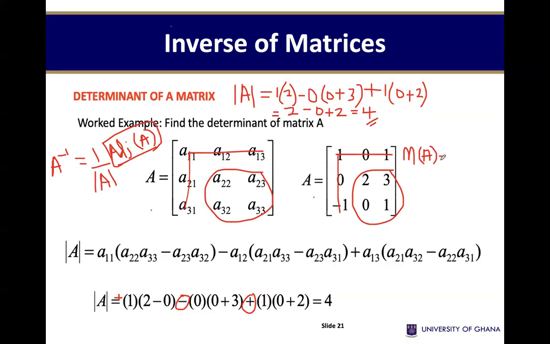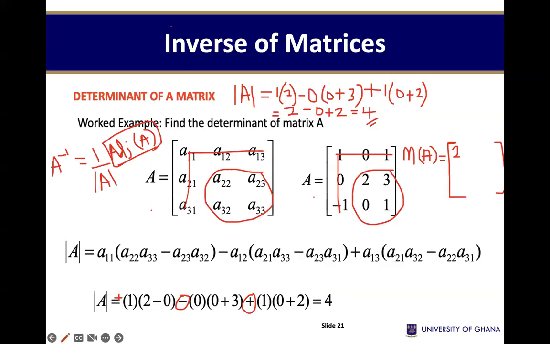And this guy should be equal to this. What's the first minor? The first minor we got is what? 2 times 1, which is 2. Minus 0 times 3. So at the end, the first minor will be 2. Are we good?